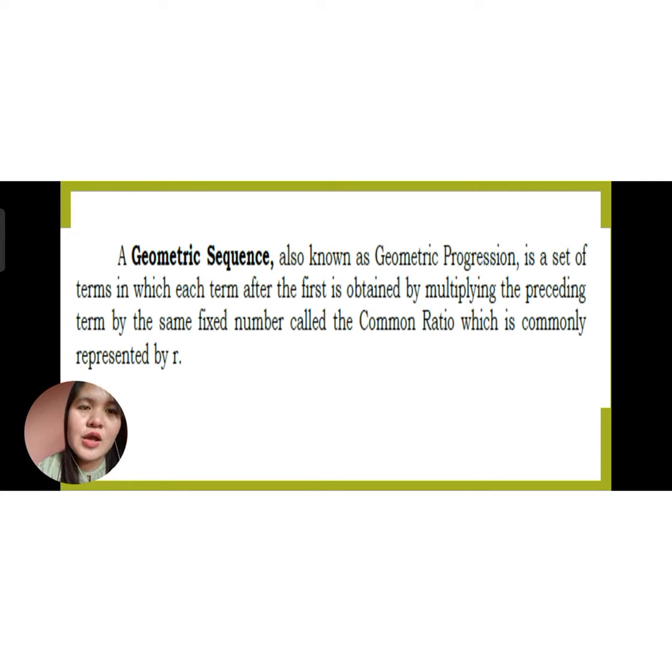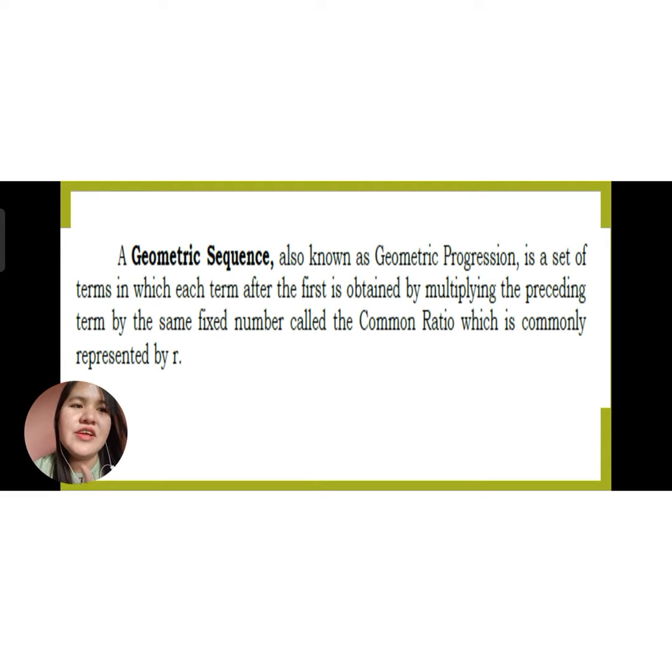Here, we obtain the terms of the sequence by multiplying the preceding terms. Also, in arithmetic we are getting the common difference. However, in our geometric sequence, we also have a fixed number, and that is what we call the common ratio.